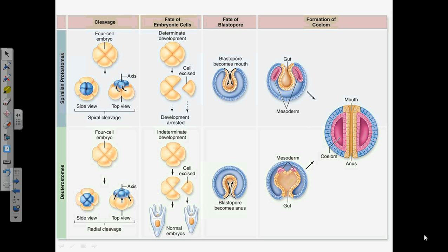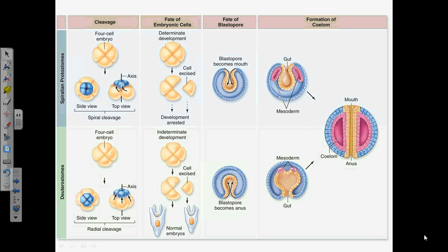Those cells have specific roles, which means really they're no longer what? They're no longer stem cells. What's that fancy other word we use for stem cells? Totipotent. They're no longer totipotent. So if you were to remove one of these cells, this embryo dies.